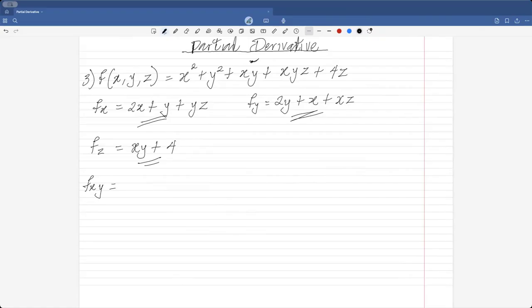So in this case, the first order differentiation with respect to x is 2x plus y plus yz. Now, with respect to y, it becomes the derivative of 2x is 0. The derivative of y is 1, followed by z. So this gives us the final answer for fxy.